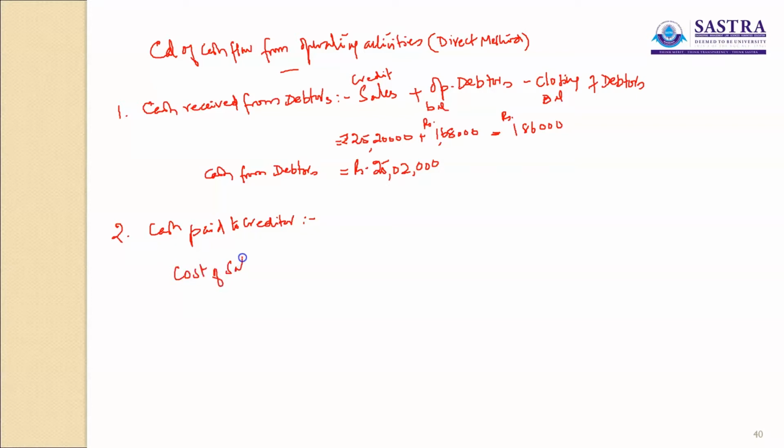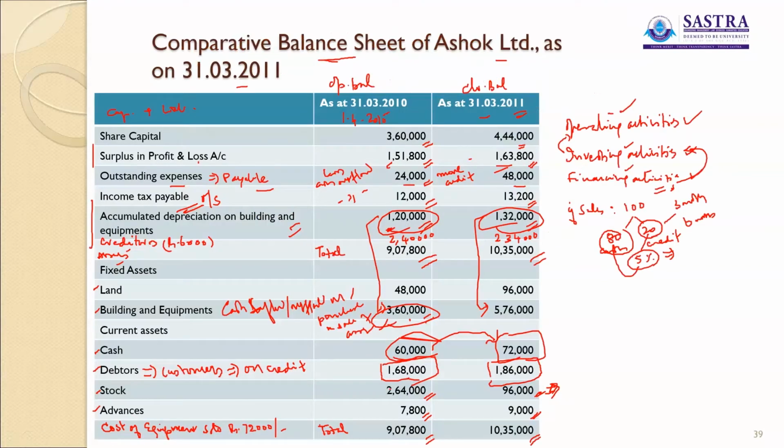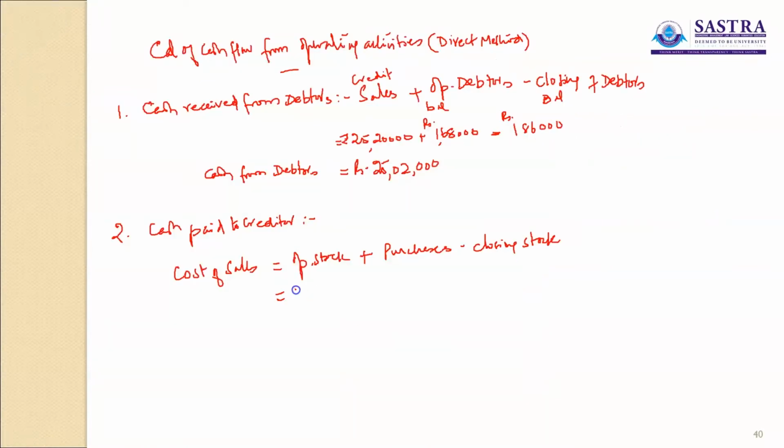Cost of sales is equal to opening stock as per the balance sheet plus purchases minus closing stock. Stock opening is 2,64,000 and closing is 96,000.